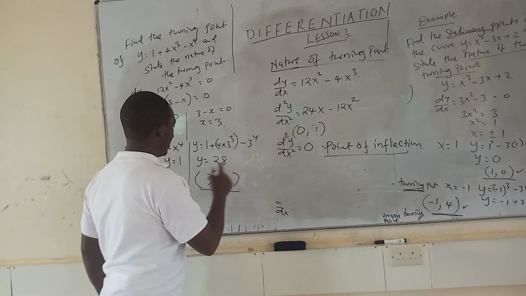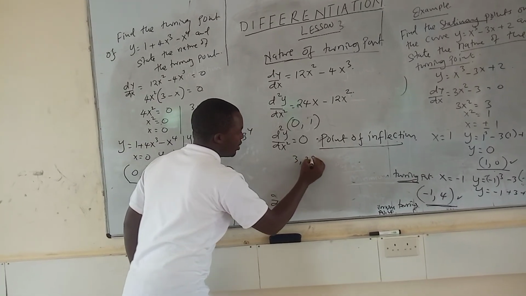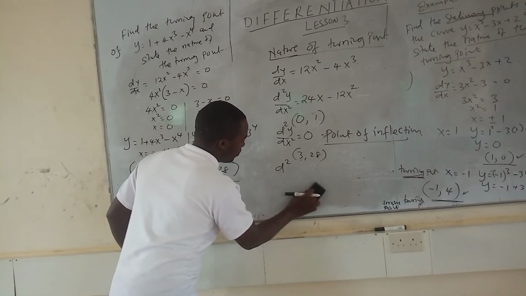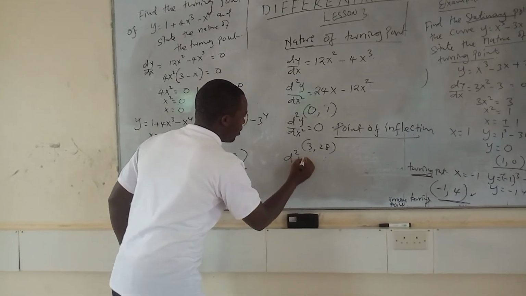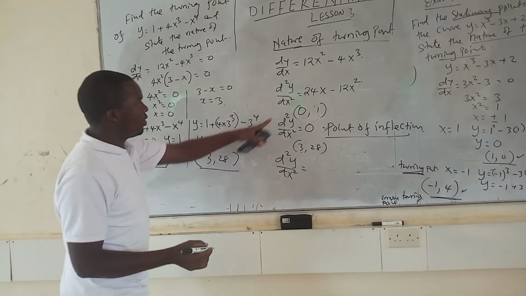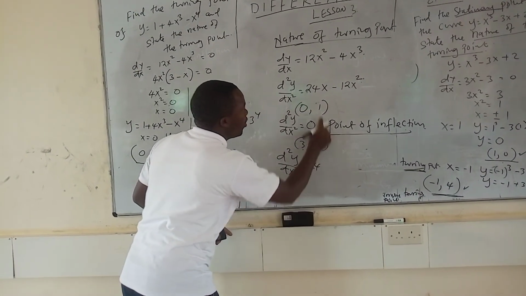So we go to the second point, which is (3, 28). Remember d squared y over dx squared is equal to 24x minus 12x squared.